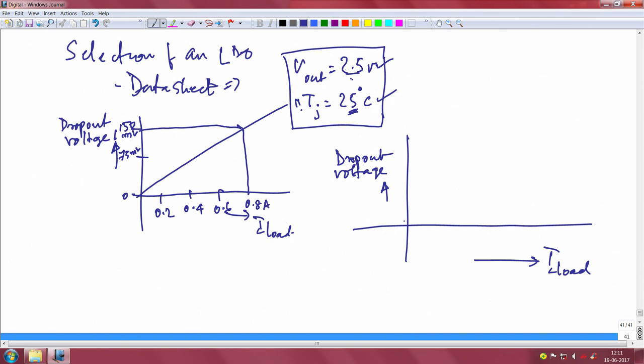It turns out that it will be something like this. In fact, I should make it a little more uniform.